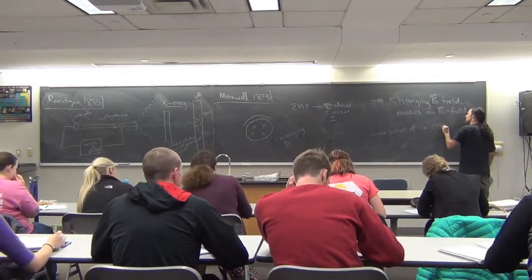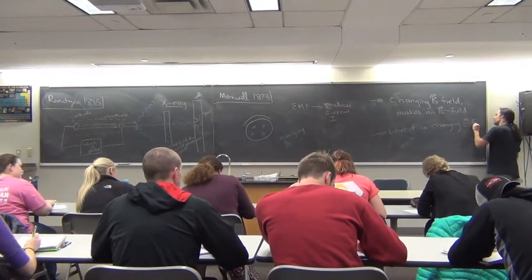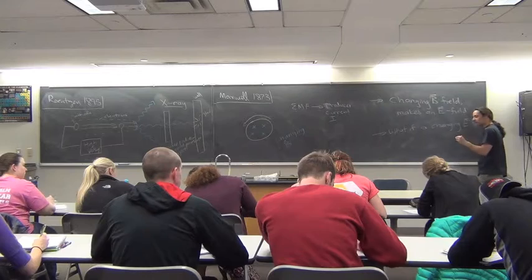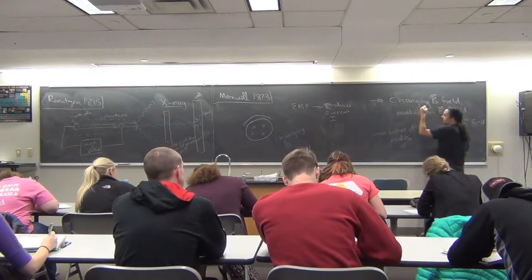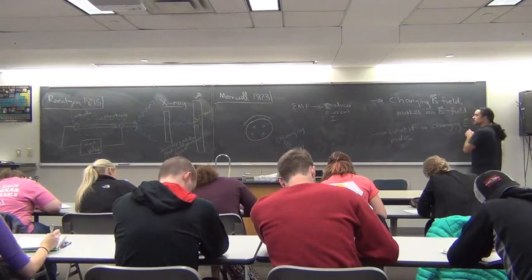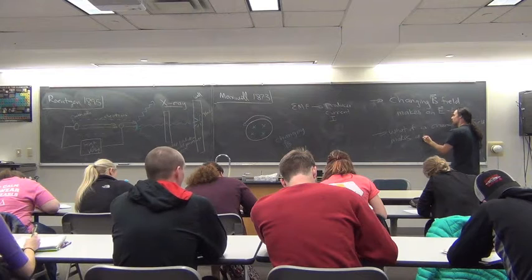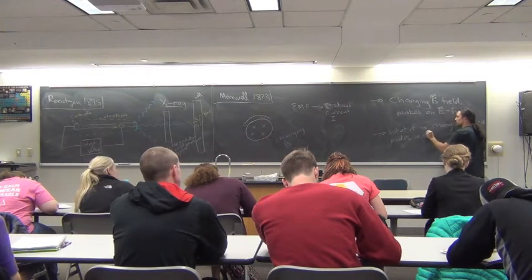What if a changing E field makes a magnetic field? I know changing magnetic fields create electric fields. What if a changing electric field makes a magnetic field?